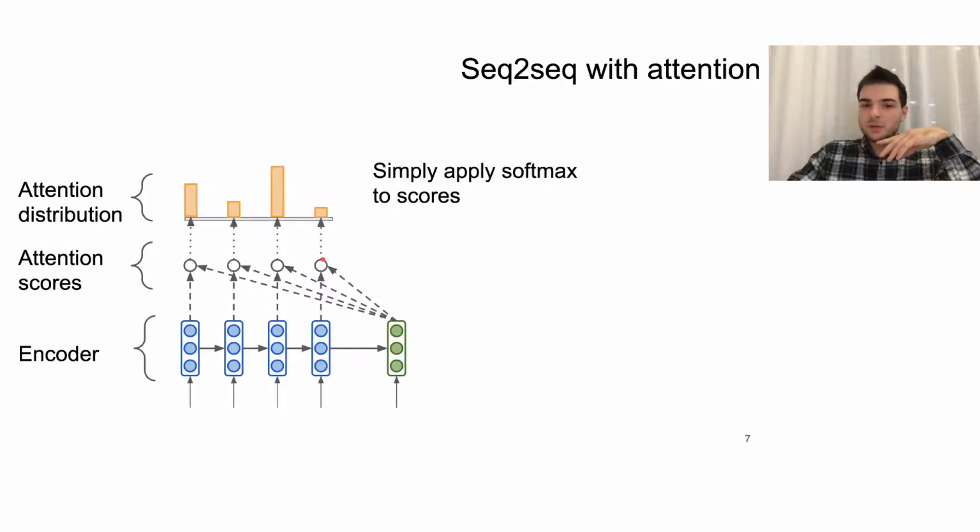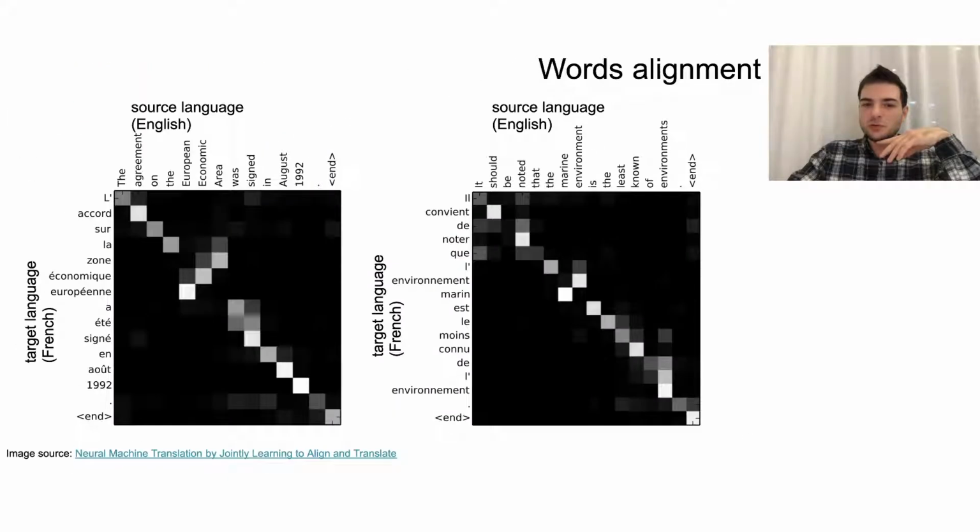Why? Because let's get back to the original picture we had in here. These are exactly the attention scores, normalized attention scores, visualized. We can see that actually every word is paying the most attention to its origin in the source language, and that's it. Actually, our network learns how to connect different words meaning the same in different languages, and attention is capable of that. So here we go.